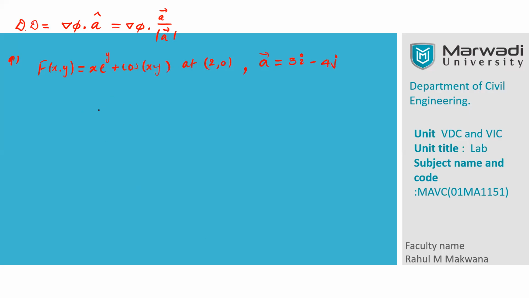First of all, let us find the gradient. Gradient of f, nabla f, is equal to i del by del x of the function plus j del by del y of the given function. Please see the definition of a gradient.